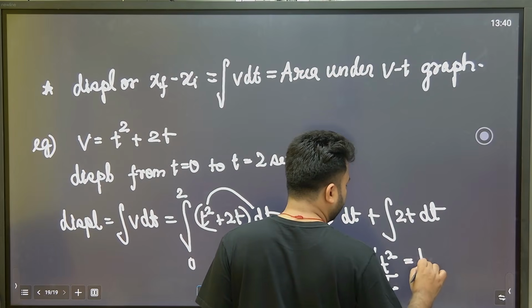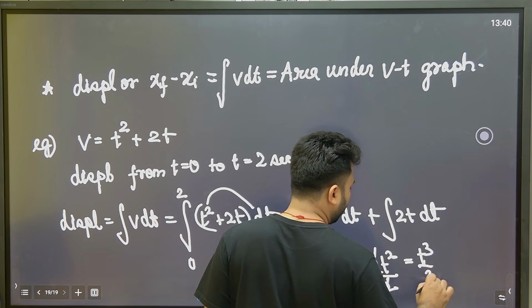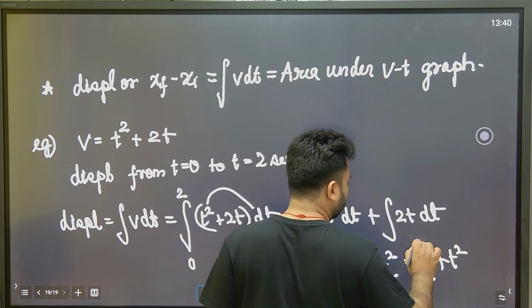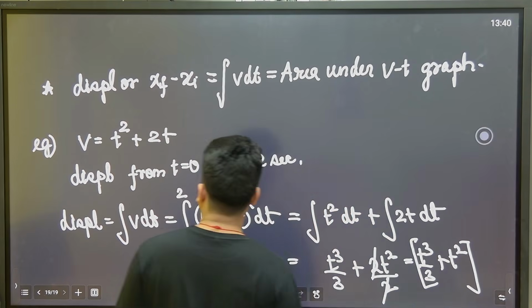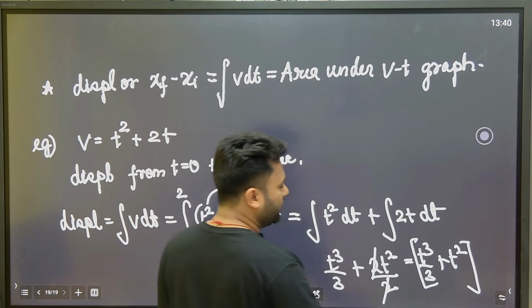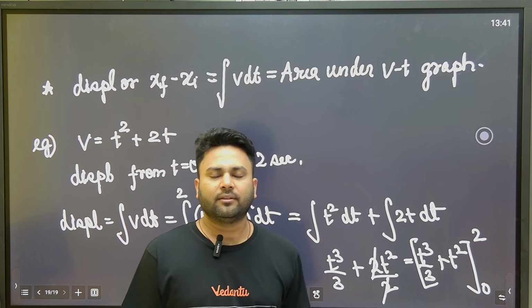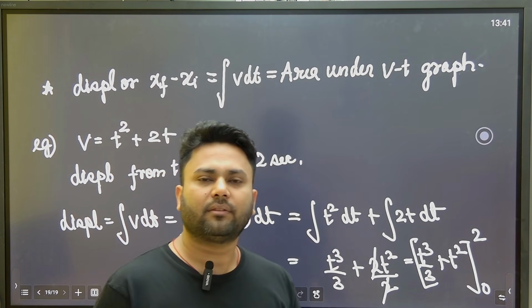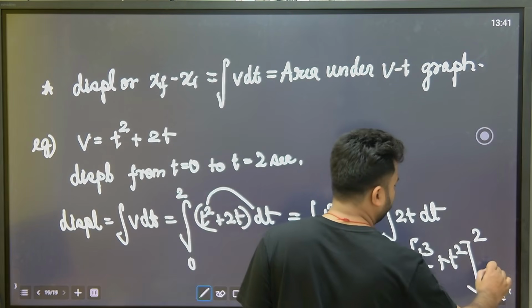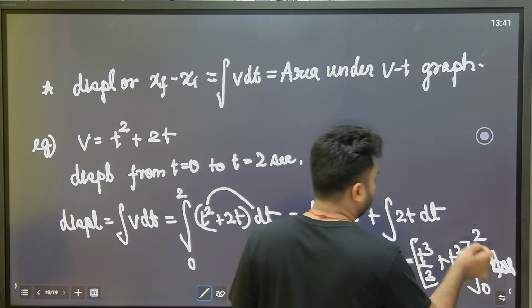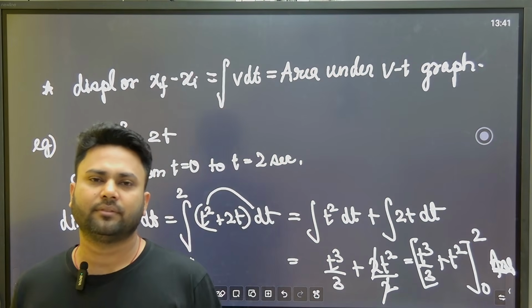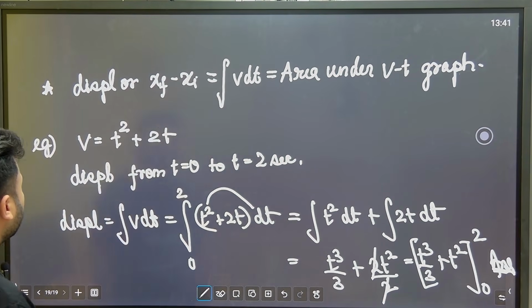So finally t cube by 3 plus t square. This is your answer, and you have to put the limits from 0 to 2. You put the upper limit, then minus the lower limit, and this will be the answer. Again, I am not doing the calculation. Upper limit minus lower limit. Okay.